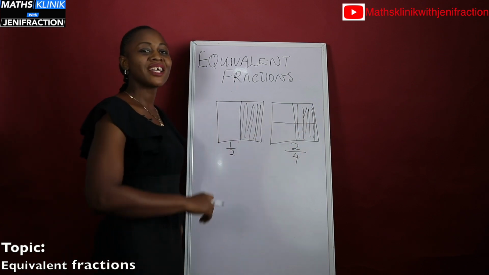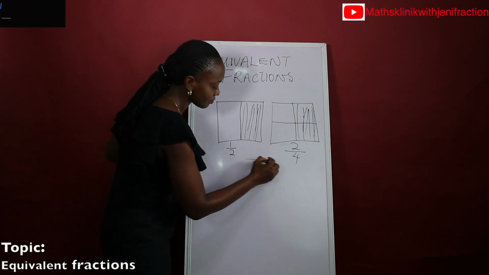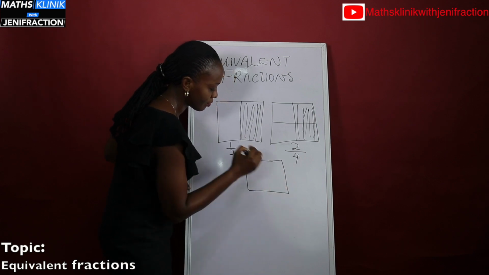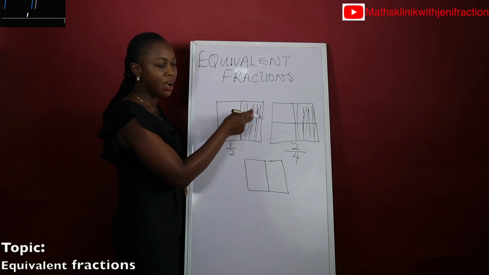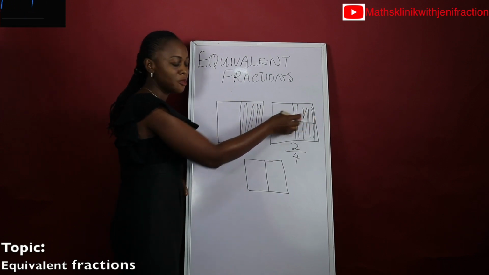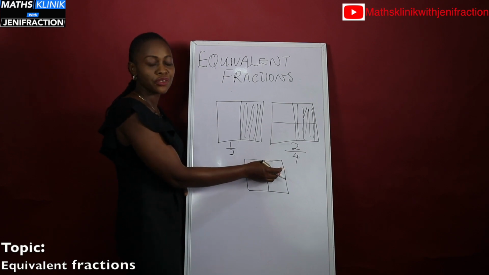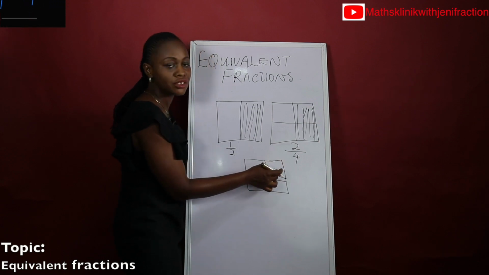Now, we're going to share the same biscuit again into 6 parts. You remember, we still have our 1 part, the other 1 part, and this same 1 part, I'm going to share it into 3. So I have 1, 2, 3.